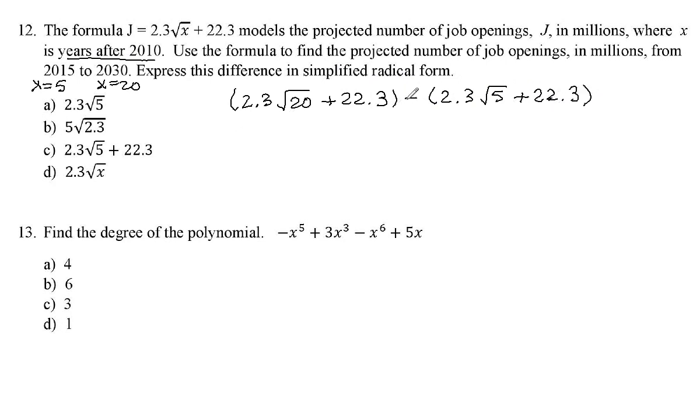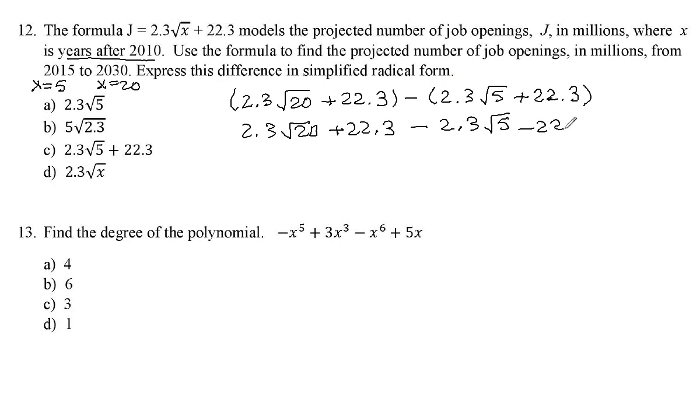And remember, subtracting here, that's going to distribute that minus sign in here. So this is going to be 2.3 root 20 plus 22.3, and then minus 2.3 root 5, and then minus 22.3.